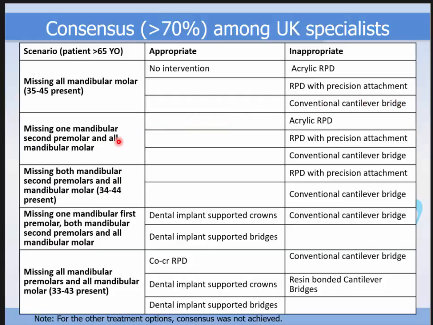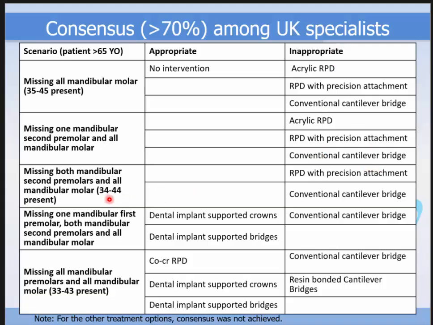For the second scenario, where you have all molars missing and additionally 1 premolar missing, there's no consensus of what is appropriate to provide for the patient. However, they came to consensus that acrylic partial dentures with precision attachment and conventional cantilever bridge are inappropriate.